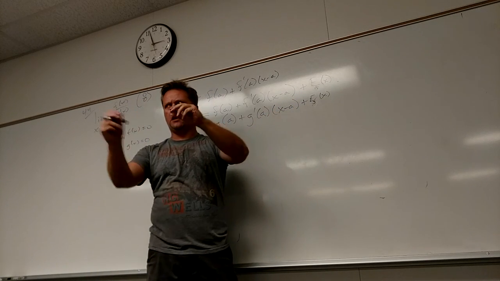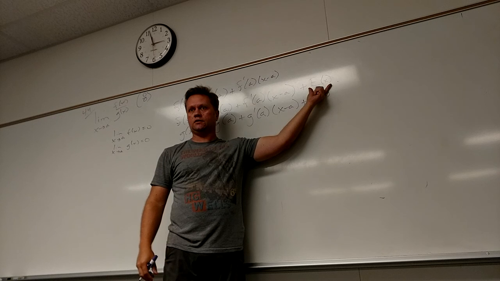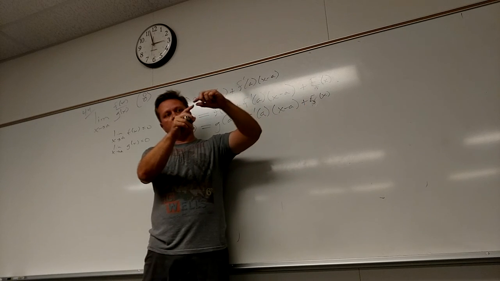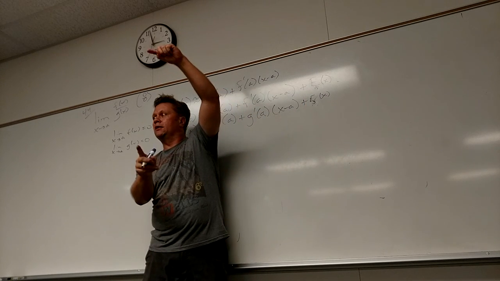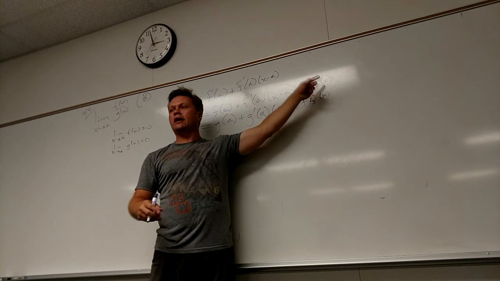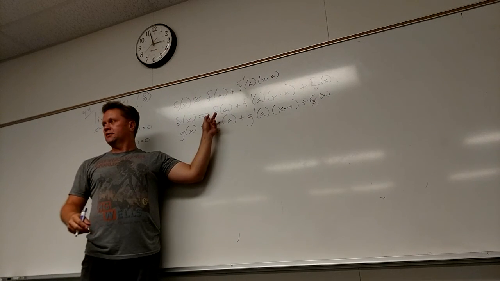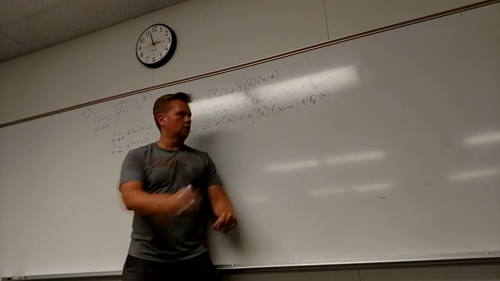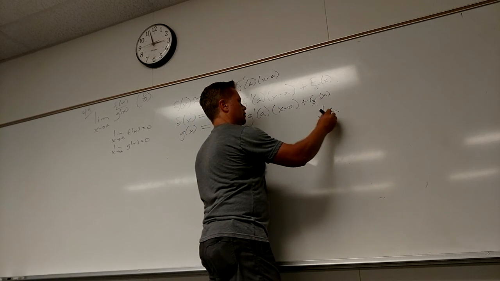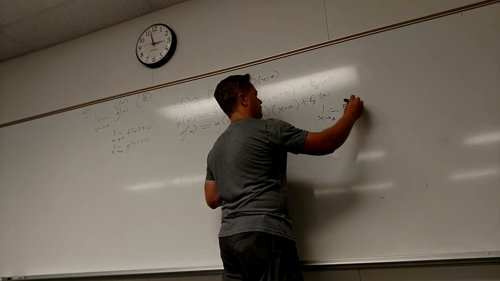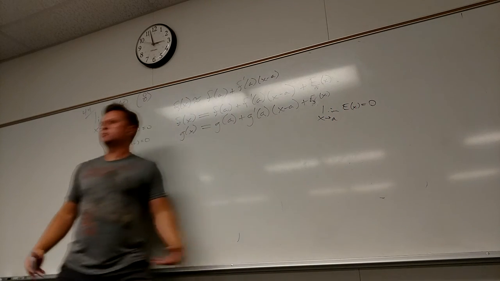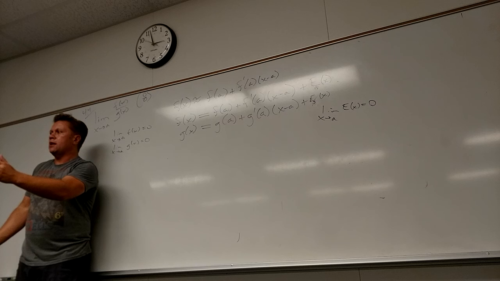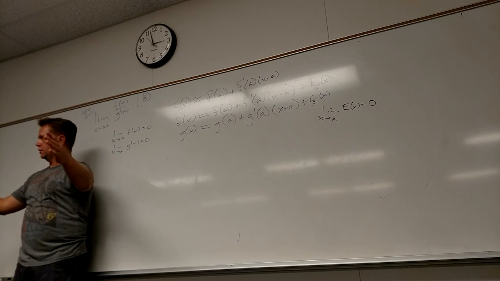The further you get from a, the bigger this adjustment is, because the further I get from a, the more off I could be. So this is how much off I am, to make it perfect. Of course, right at a, what is this? 0. So the limit as x goes to a of either e is 0. When I get to a, how off am I? I'm not off at all. It works perfectly at a.